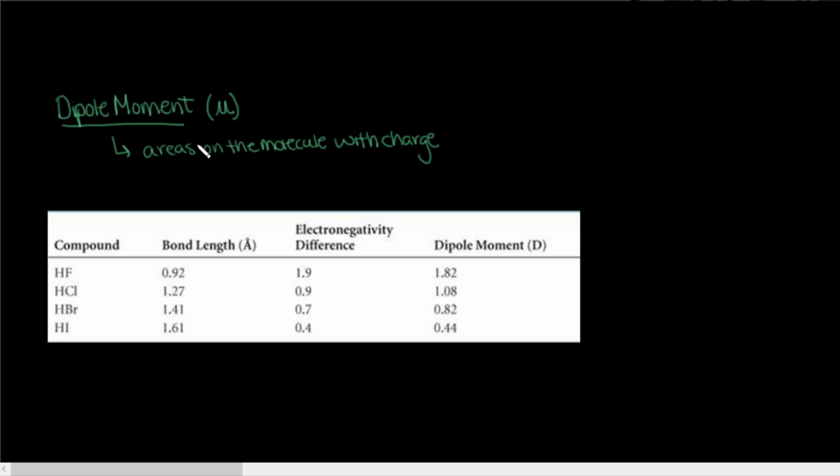And you can actually calculate the dipole moment, or how strongly partially positive or how strongly partially negative that particular bond is. So it measures just how polar a bond is.